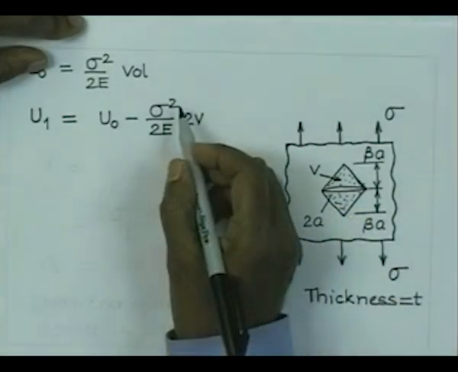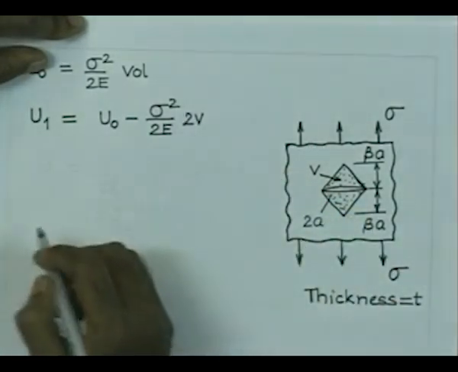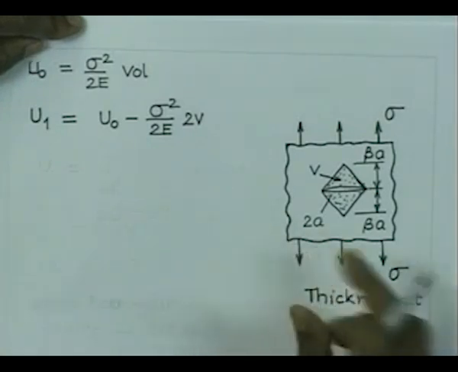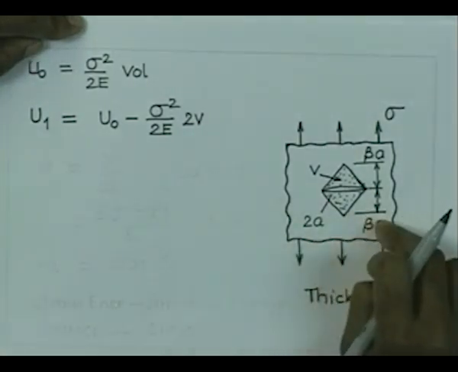Now, we can write the value of this V. The energy in the second case is going to be reduced.